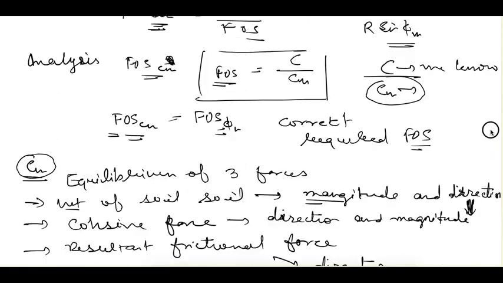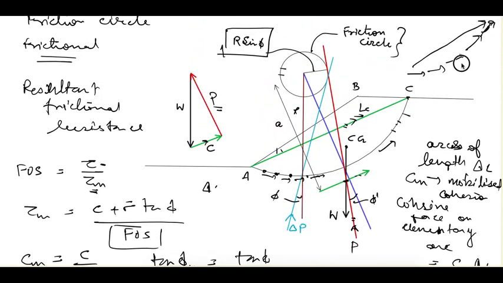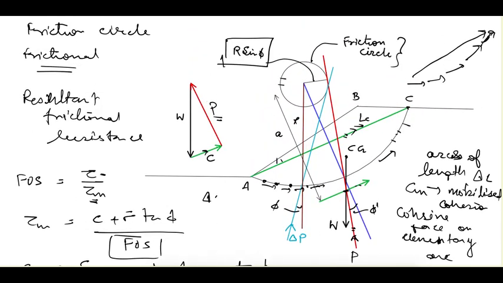Now let's say that this resultant force, which is having a magnitude of CmLc, I have shown with this green line, is at a distance of a from the center, and we know that these elementary forces are at a distance of r because they are all acting at the radius of the circle.